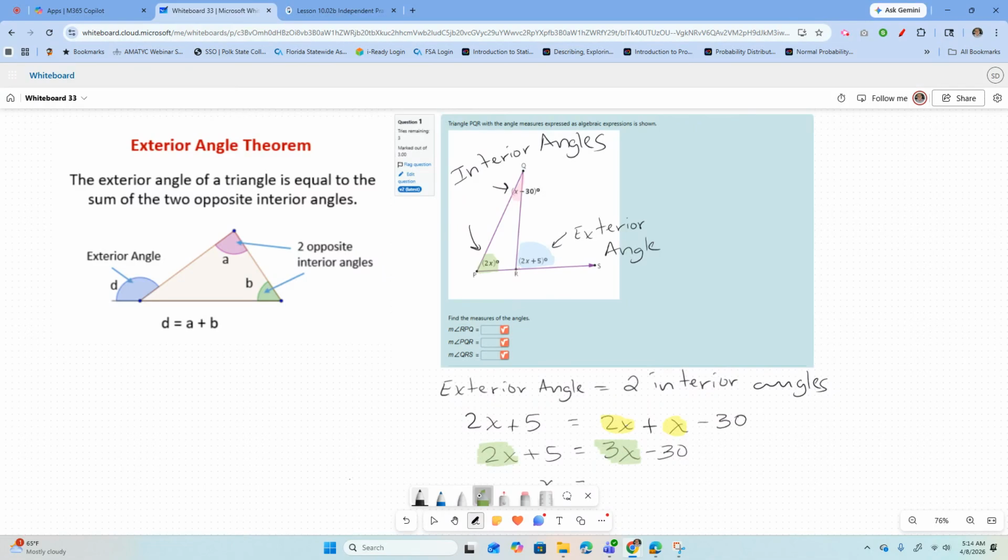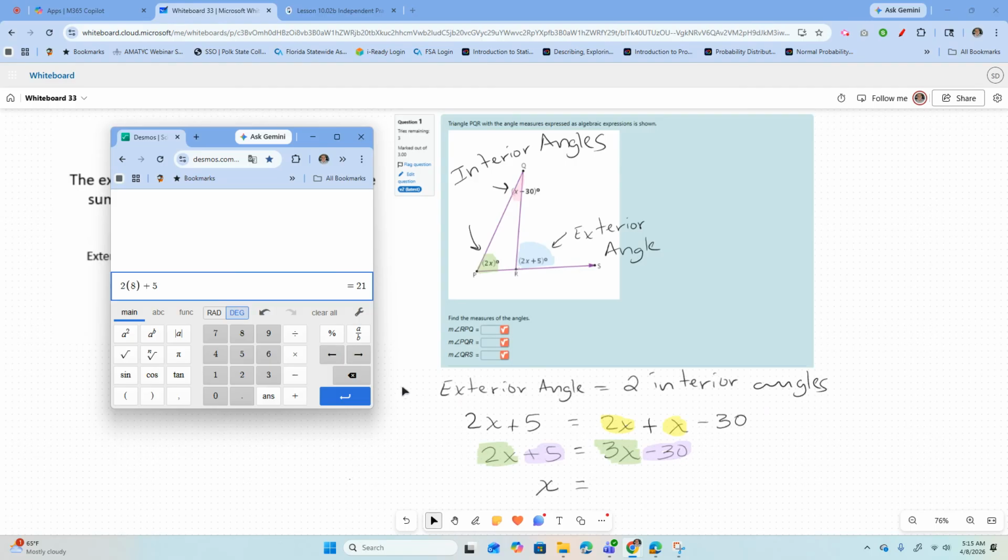Let me choose another color. I'm going to choose purple here. I'm going to take the 5 and I'm going to subtract the negative 30. I hope you heard what I said. Every time you have terms on opposite sides of the equal sign, you're really subtracting them.